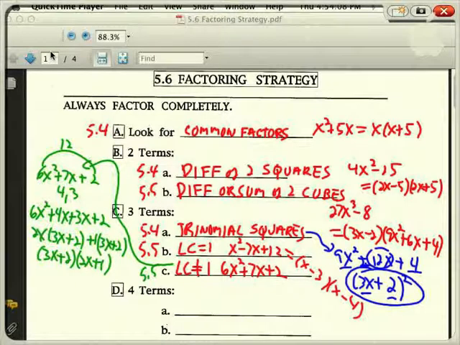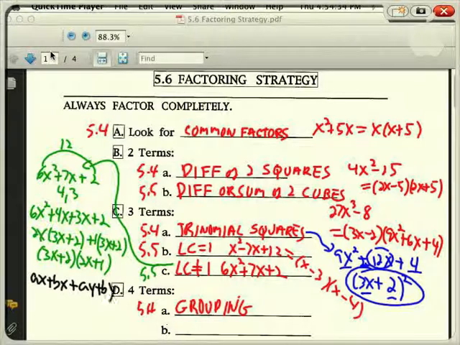And then the four terms, grouping. And you can find that in 5.4. An example of that I'll do in black over here on the left. ax plus bx plus ay plus by.